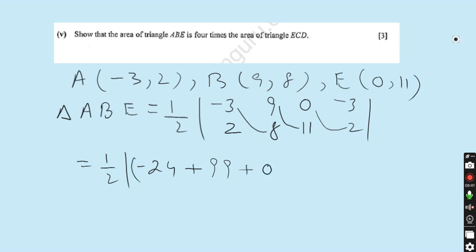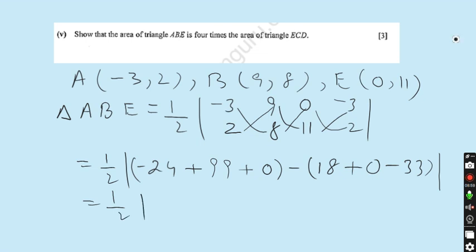Bracket close, put negative sign, bracket open. 2 nines are 18, 8 zeros are 0, 11 threes are 33. Bracket close.